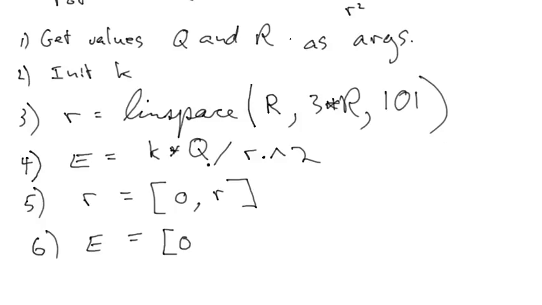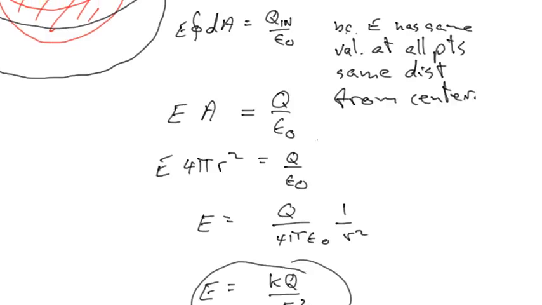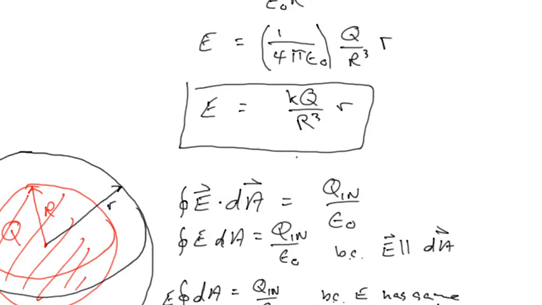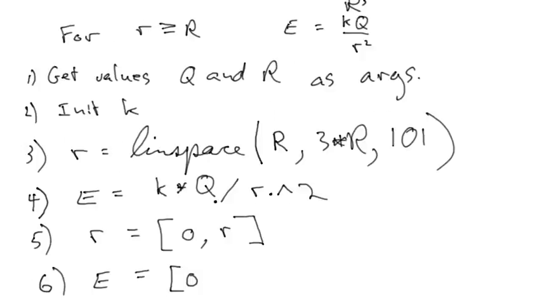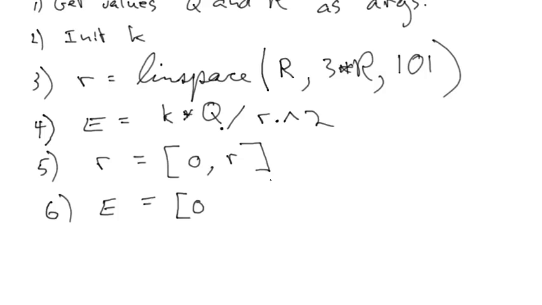You can see from the first function I had up here, that's the case when little r is equal to 0. So at the center of the charge distribution, the electric field is this constant times 0, which is just 0. So I'm using that and say E is equal to that, comma, the 101 values that it was before.